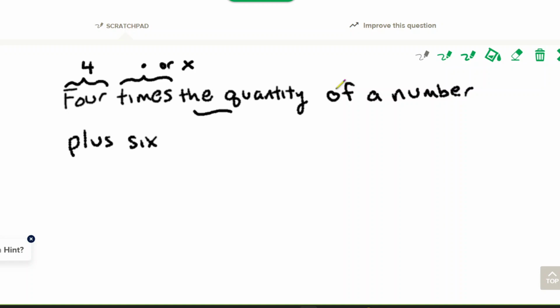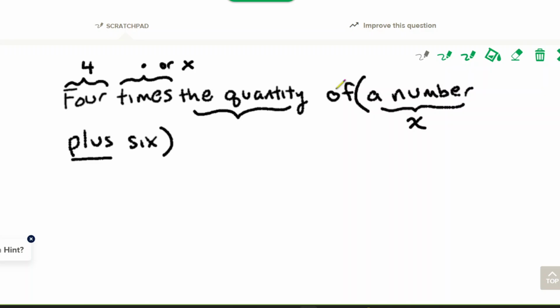When you see the quantity or the quantity of, what comes after those words should be in parentheses. So the quantity of a number, like in the previous example, I'll represent this unknown number by a fancy x, the variable x.